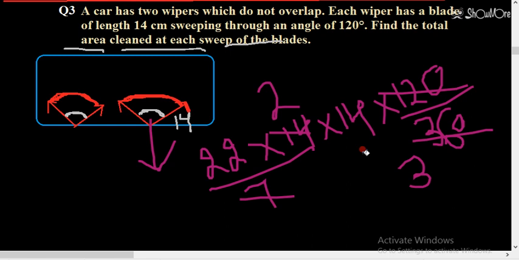So we have to complete the calculation. 22 into 2 is 44. So 44 into 14.